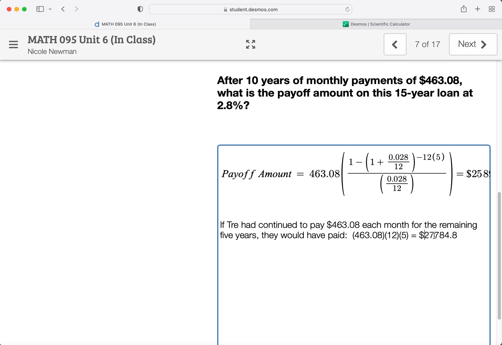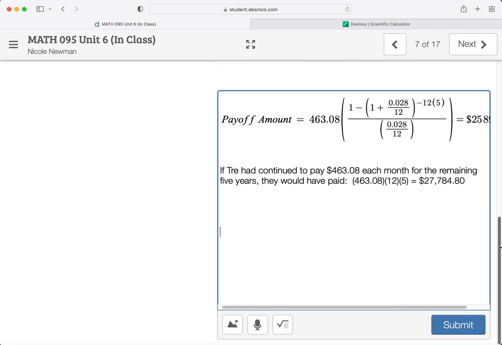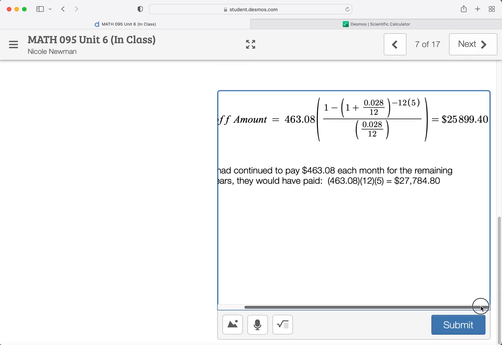Dollar sign and a comma. There we go. That's how much they would have paid. By paying it off early, I'm going to say only, but it's still a lot of money. They only had to come up with $25,899.40. So continuing with the loan gets us a greater total than paying it off early.